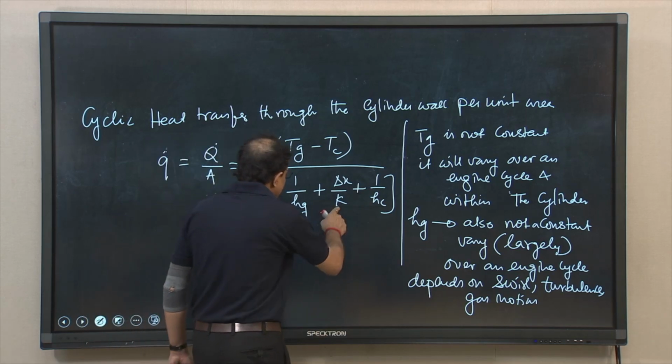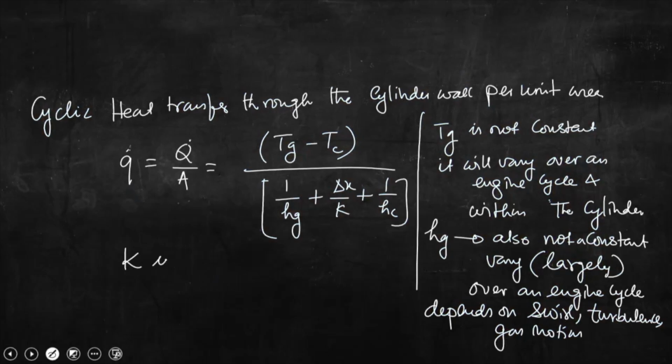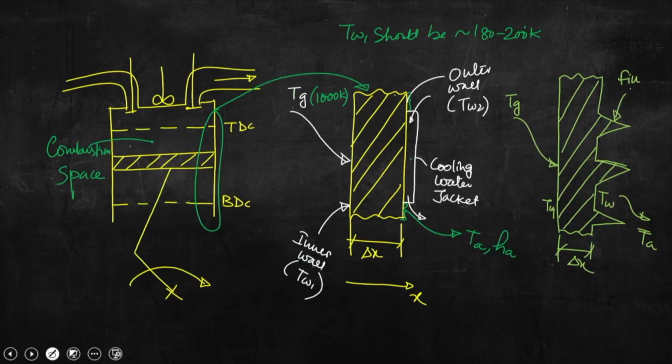What about thermal conductivity? Thermal conductivity is a function of temperature, but this is the thermal conductivity of the cylinder wall material. So, we can assume this is fairly constant, because the cylinder wall has finite thickness and coolant is continuously circulated to remove heat.